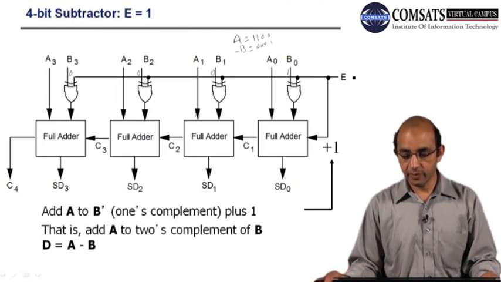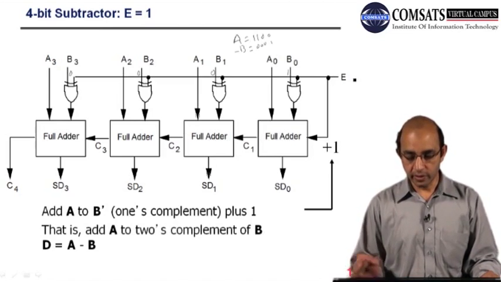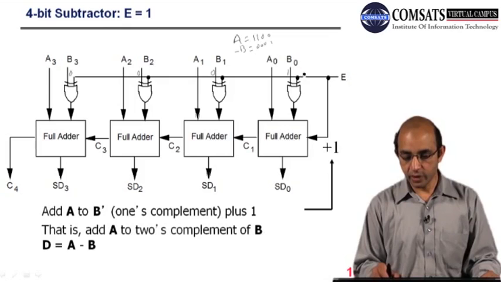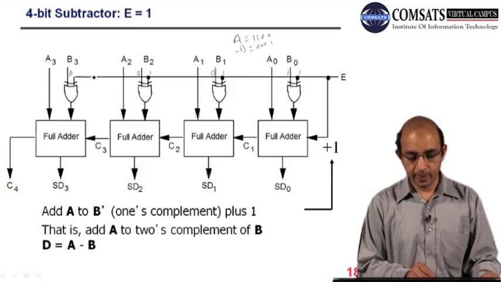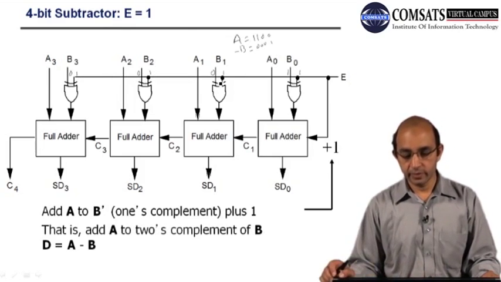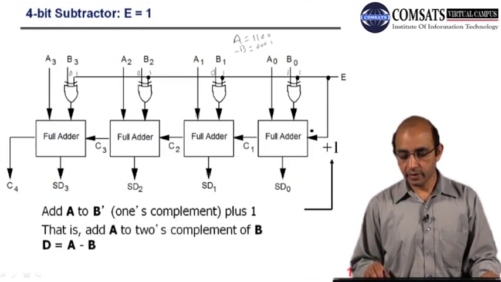So what I will be doing, I will be putting E equal to 1. So we have a 1 here, 1 here, 1 here and 1 here, all ones because E is 1. Remember that we also have a 1 at the carry in at the position of the first full adder.